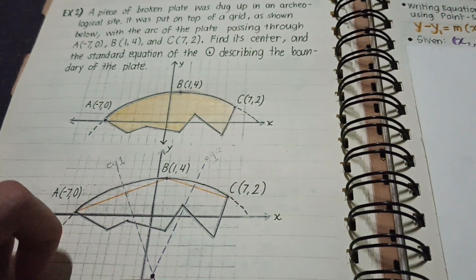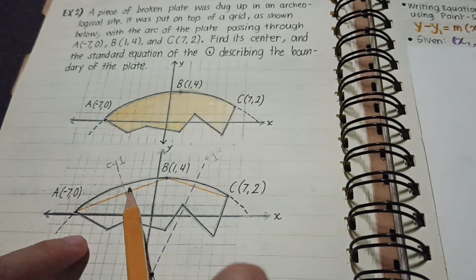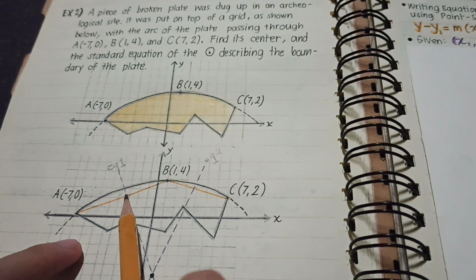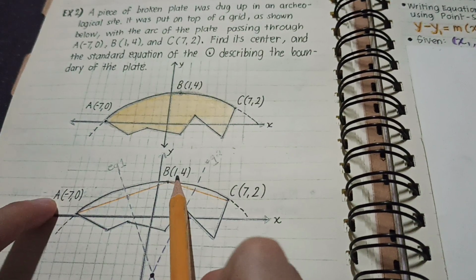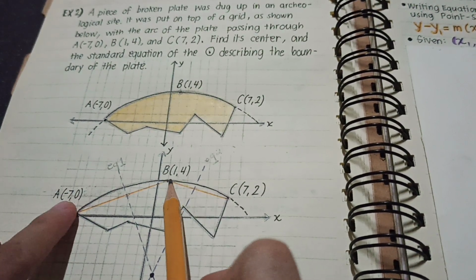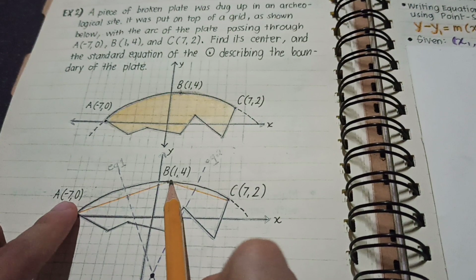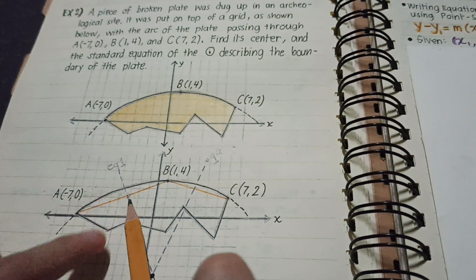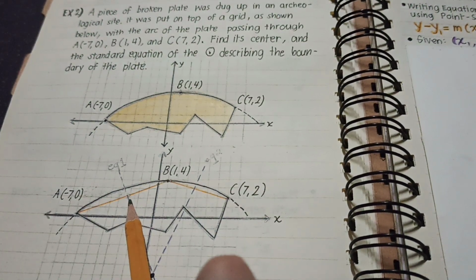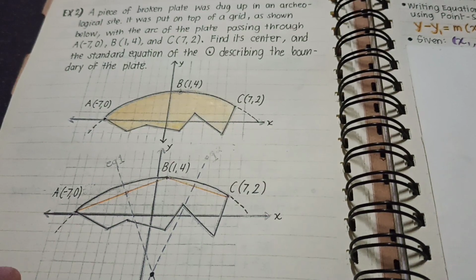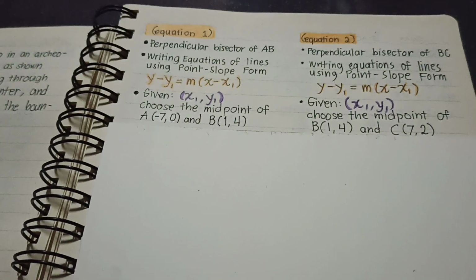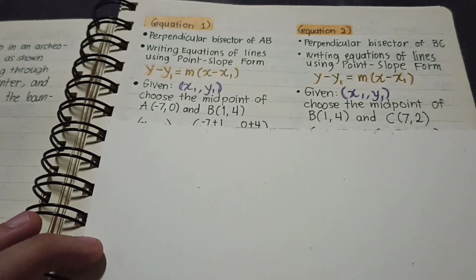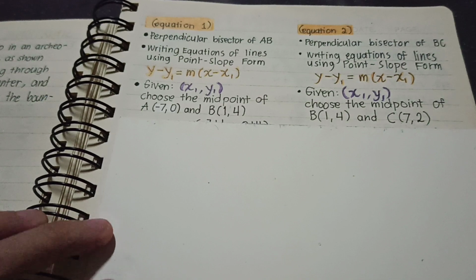It will pass through equation 1. That point is actually the midpoint between A and B, right? So if I get the midpoint between points A and B, then I will have the first requirement in using the point slope formula, the point. So choose the midpoint between points A and B, all right? To get the midpoint, just get the averages.